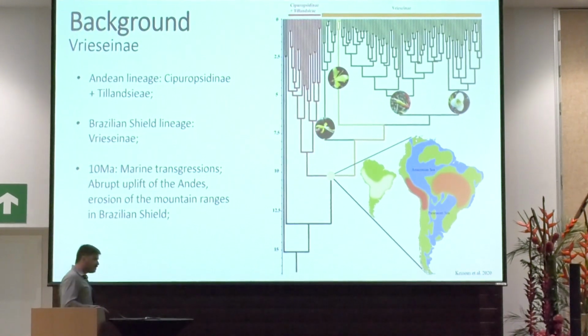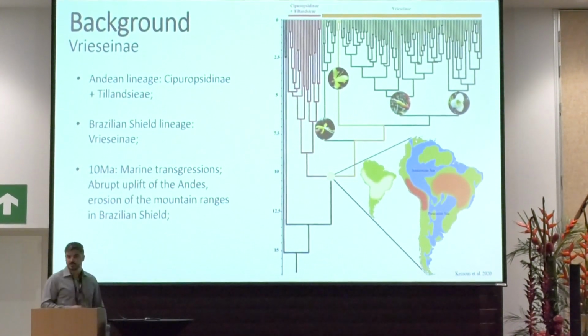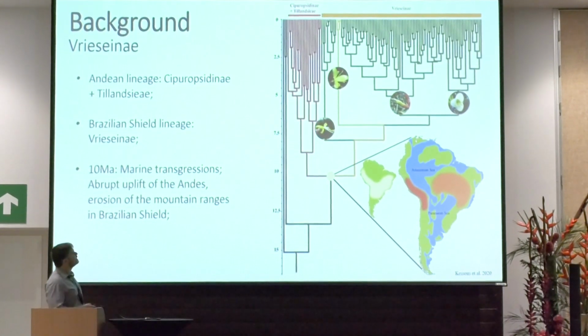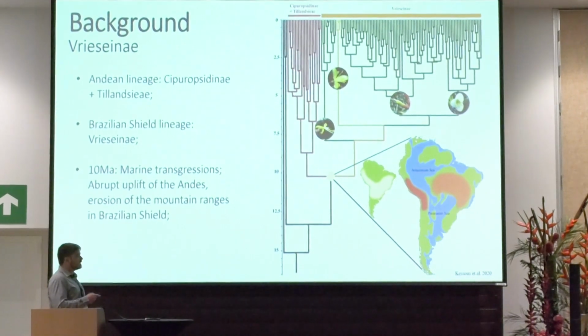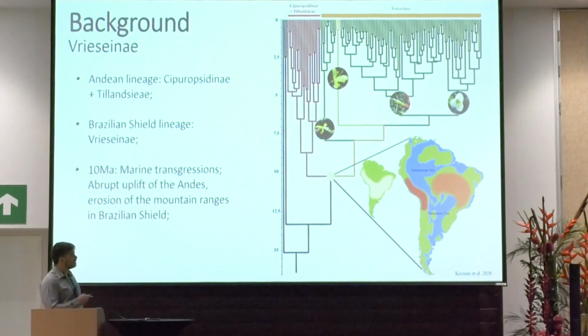Four years ago, we investigated the historical biogeography of this group, and we observed a splitting between the subtribe Vriesea and the group comprising the subtribe Cipuropsis Ule plus Tillandsia at more or less 10 million years ago.